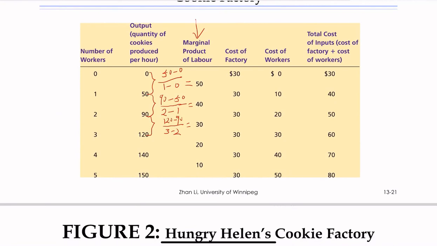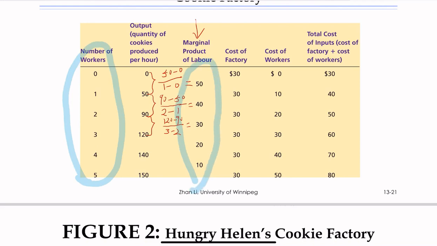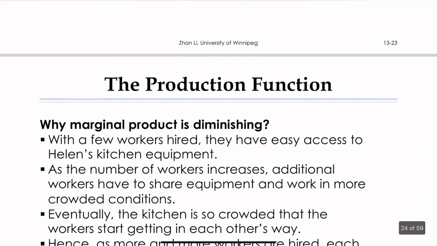If we compare these two columns, what's your observation? Well, you can see that as you increase the number of workers, the marginal product decreases. As the number of workers increases from 0 to 5, marginal product decreases from 50 to 10, right? So this is an interesting result.